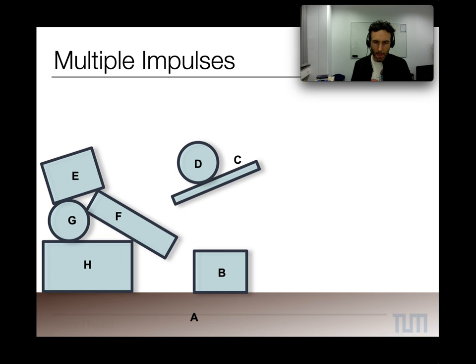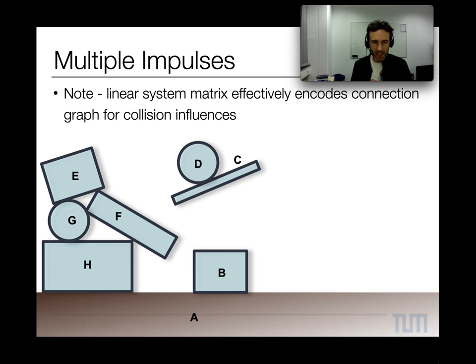Yeah, one thing worth noting here is that this system matrix that we get in this case actually kind of gives us a graph. It basically encodes the graph of influences in our system, so between the objects.